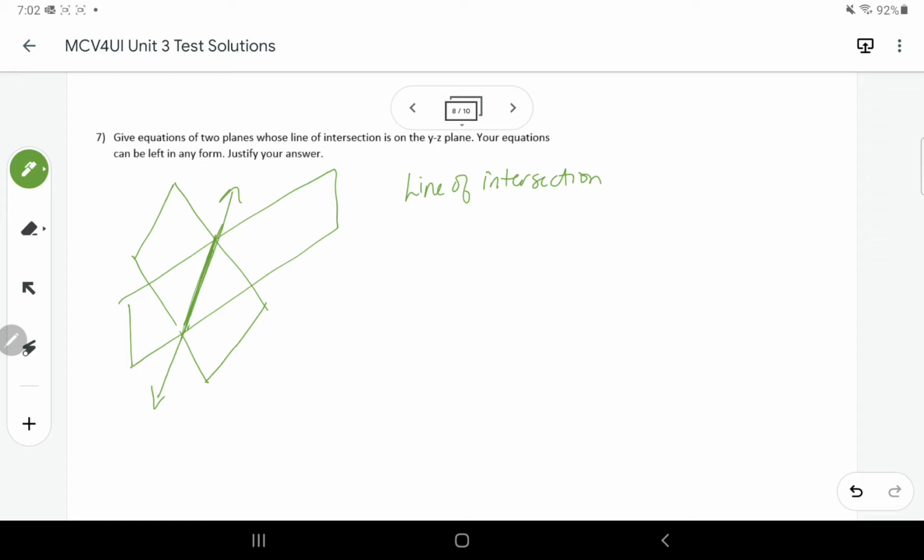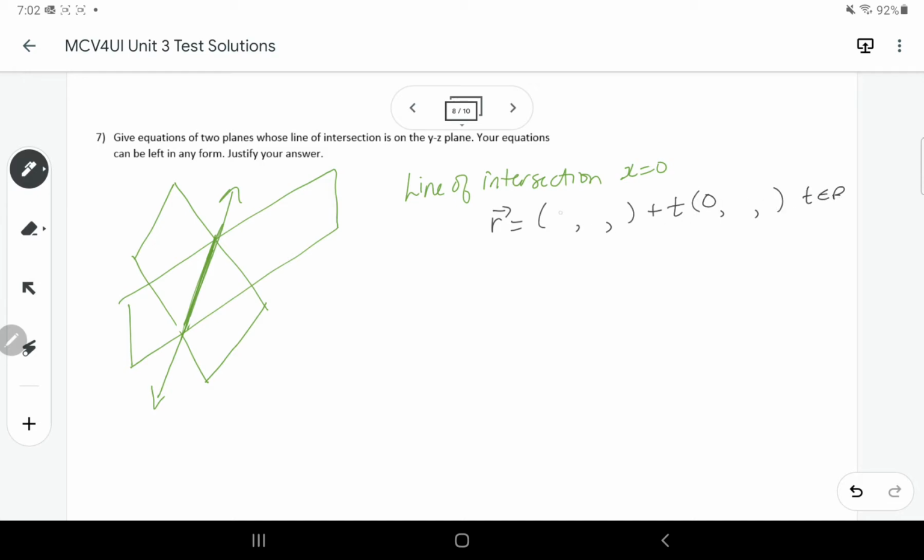So if we know the line of intersection is going to be on the YZ plane, then both the position and the direction vector would have x equal to 0. When I was doing this, I said my line of intersection is going to be any point on the YZ plane plus any direction vector that stays flat on the YZ plane.